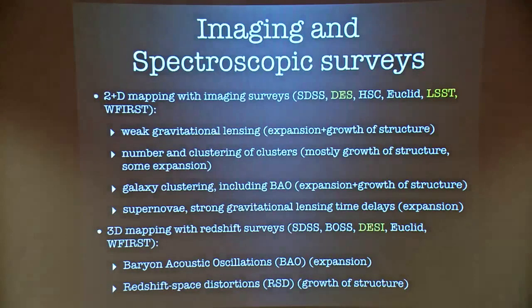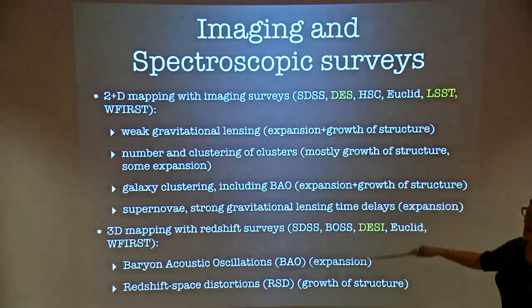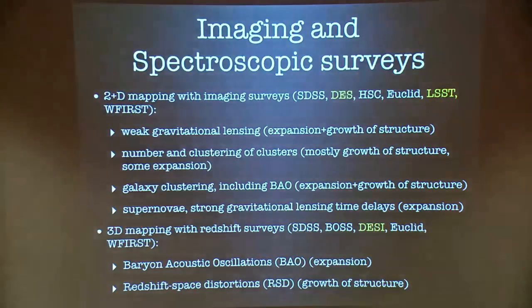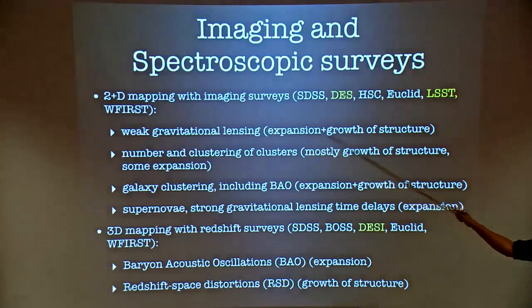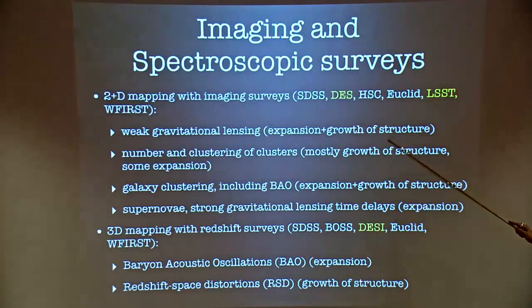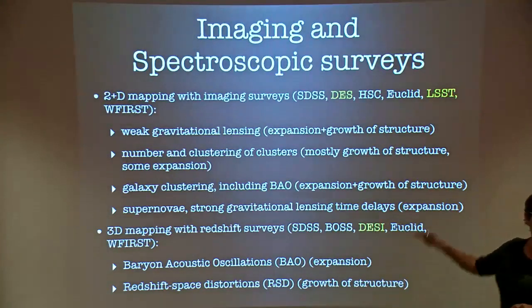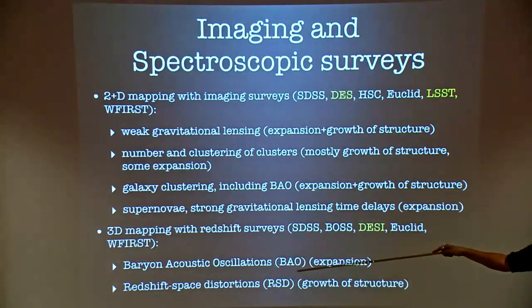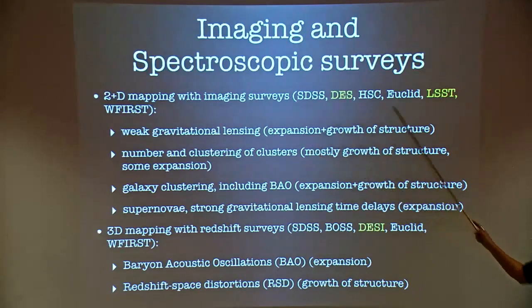Okay? And for both of these kinds of surveys, we can make different kinds of measurements. Okay, so remember that I told you before that there's 2 basic kinds of things we're going to measure. We're going to measure expansion, and we're going to measure the growth of structure. So the cool thing here is with these 2 kinds of surveys, with pictures and with spectra, we have lots of ways to measure things that give us different combinations of expansion and growth of structure.